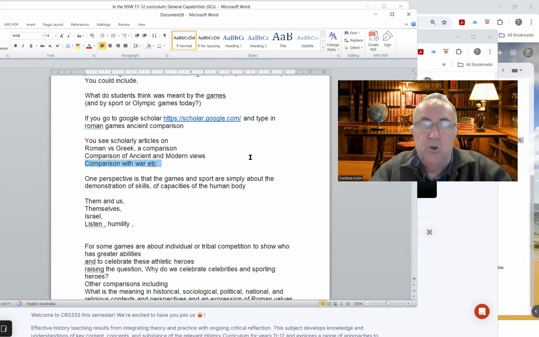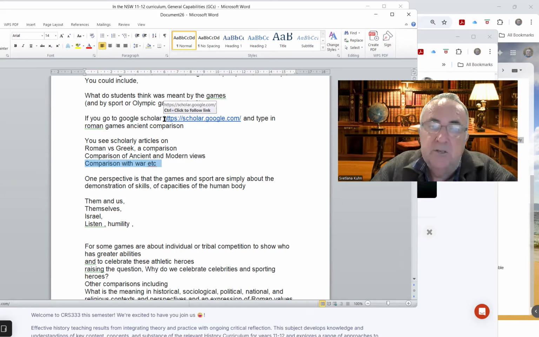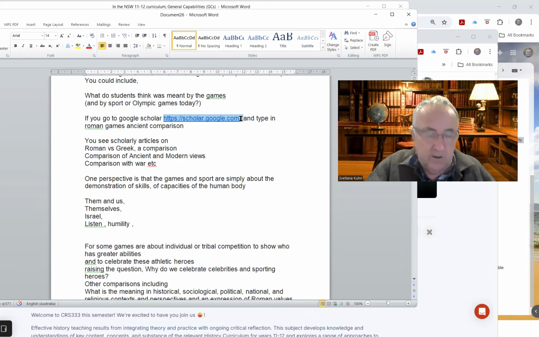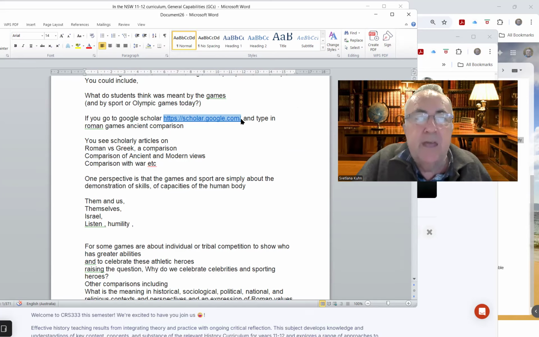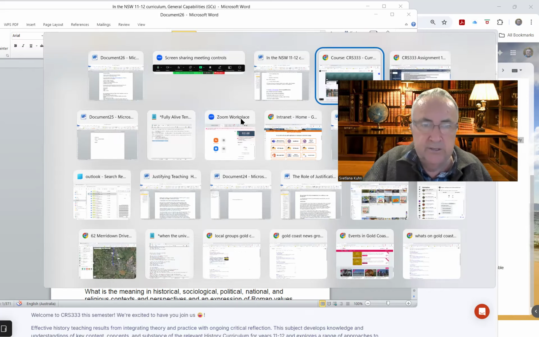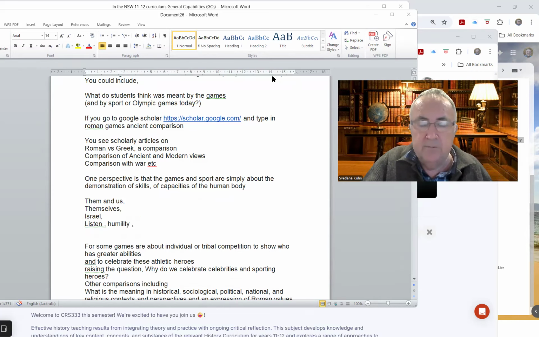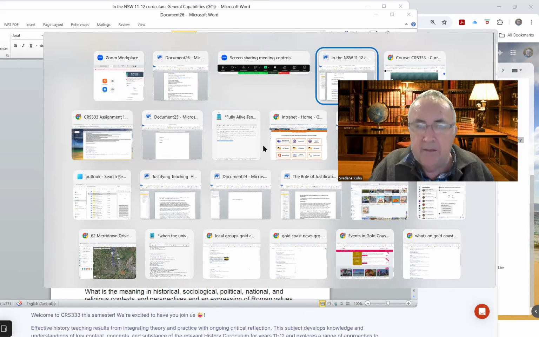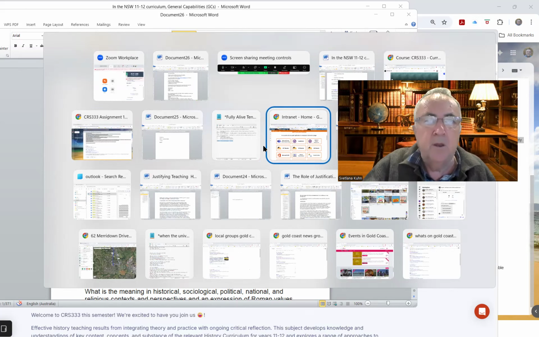So I do find that Google Scholar, that is scholar.google.com, will give you some excellent resources that will also give you the capacity to read these resources and work with those resources, and you'll be able to get some really good insights from these resources that you can apply.